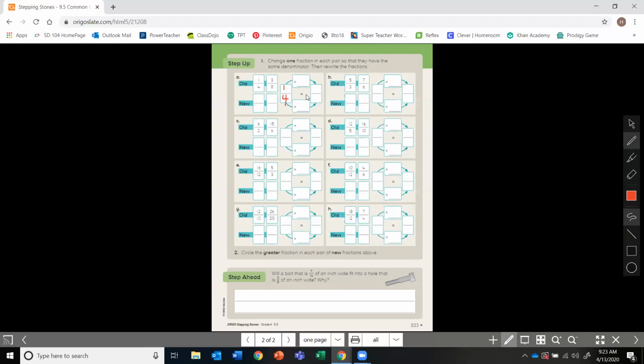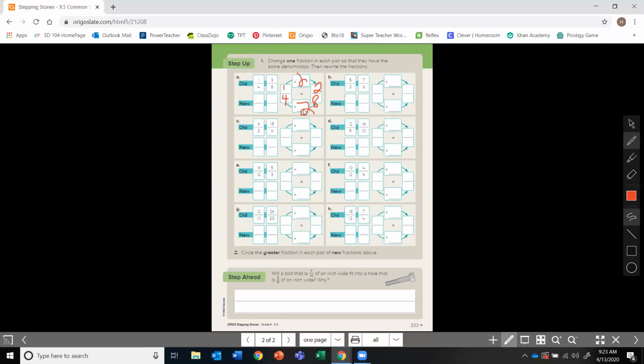So I'm going to actually put the new fraction right here. And I want you to figure out what should go right here. What are we multiplying by? It should be the same number because remember we're doing whatever we do to the bottom to the top. All right, you should have said 2.